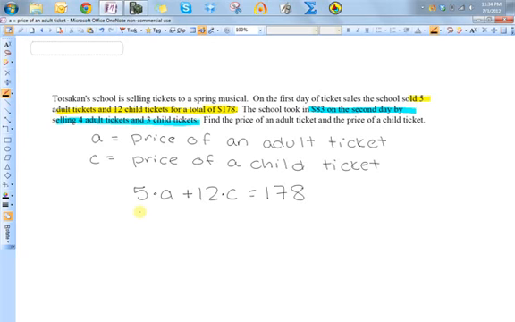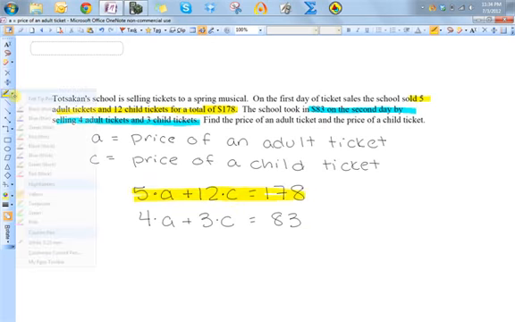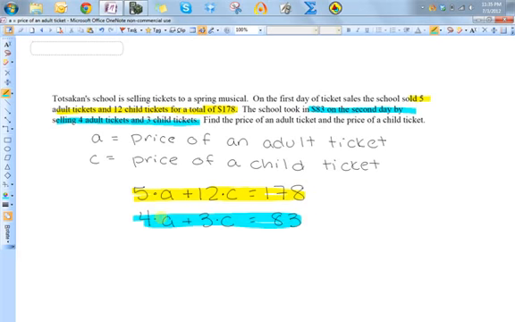Okay, so 4 times the price of an adult ticket plus 3 times the price of a child's ticket is equal to $83.